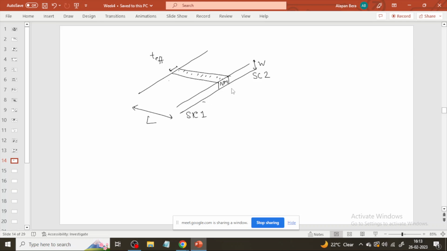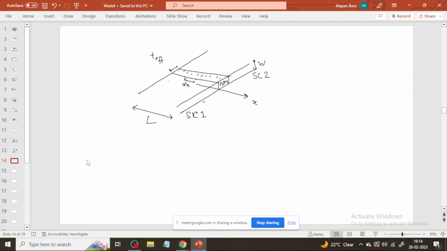So our x-axis is like this, along this direction. So the small amount of length along this direction is given by, let's say, dx. So this is our geometry.